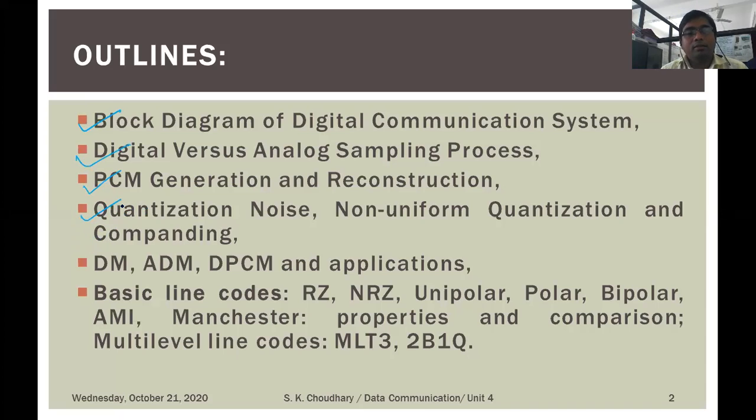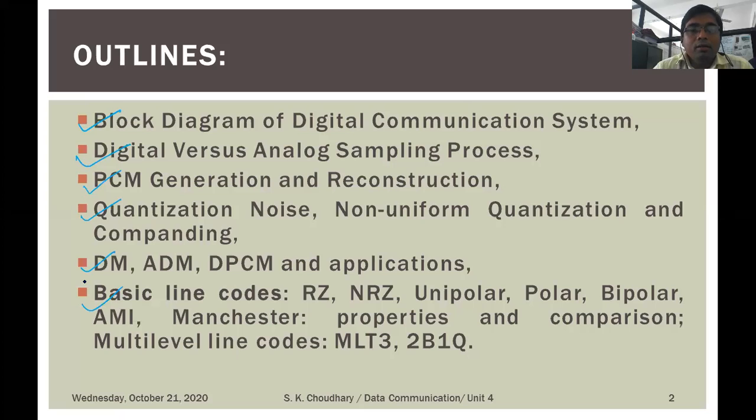It will be just an exploration of the concept. Then we have to learn delta modulation, adaptive delta modulation, DPCM. Then finally basic line codes that we have already implemented in the practical as well. So these are the topics we are going to learn in unit number 4.